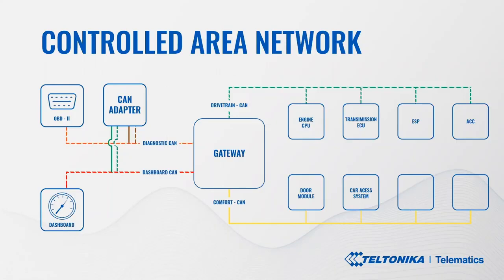So low-speed lines are used for nodes such as air conditioning unit, cruise control module, and other convenience modules. High-speed nodes are used for more important nodes, for transmission, suspension, ABS, and other type of modules.